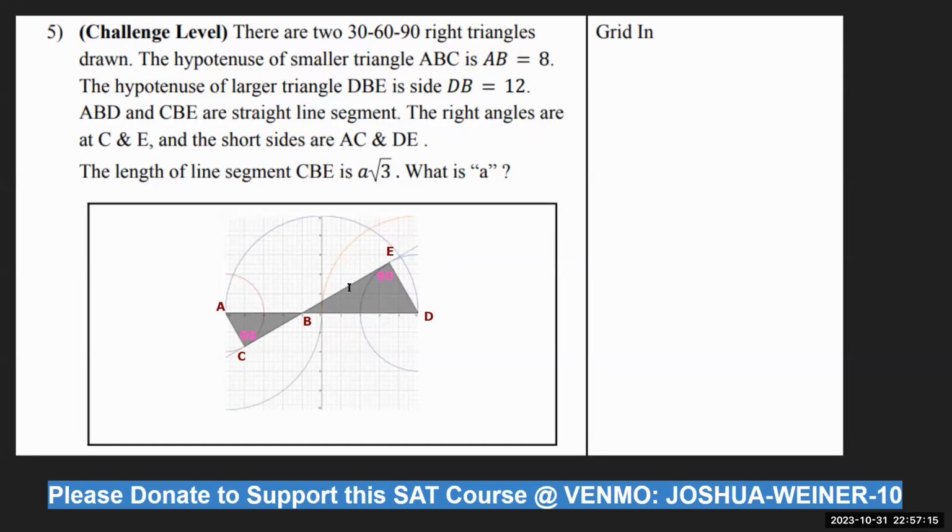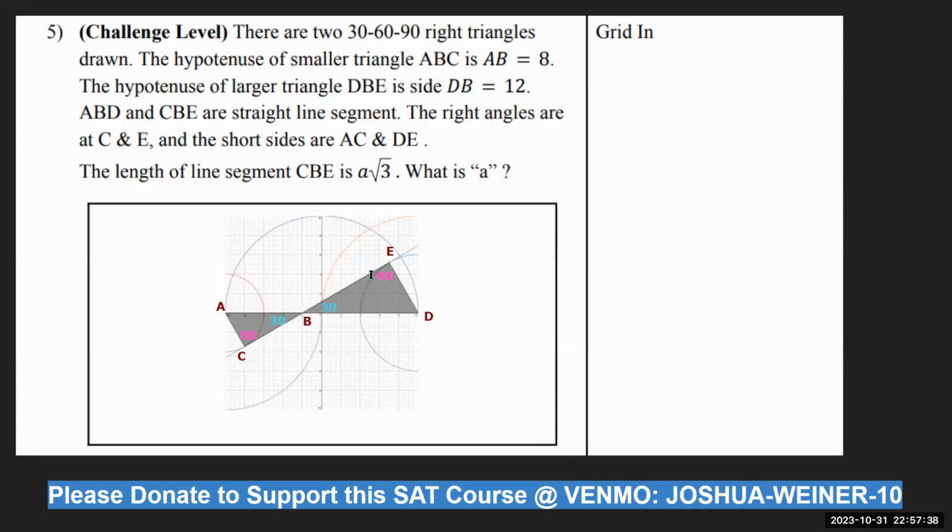Now we're trying to find the right angles, which are C and E, and the short sides are AC and DE. Since those are the short sides, the short side is opposite the smaller angle, and it looks like it's drawn that way. These must be the 30-degree angles here.